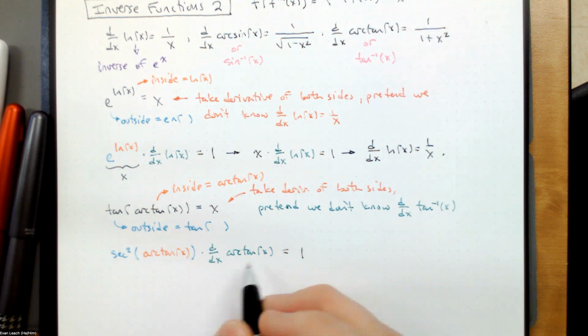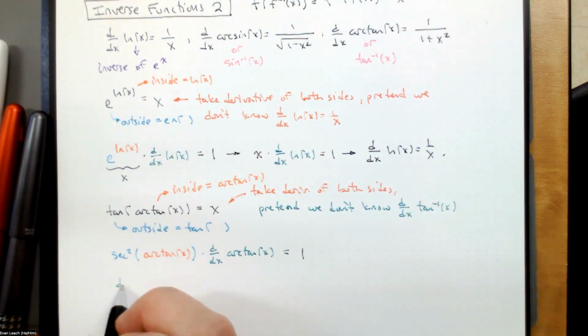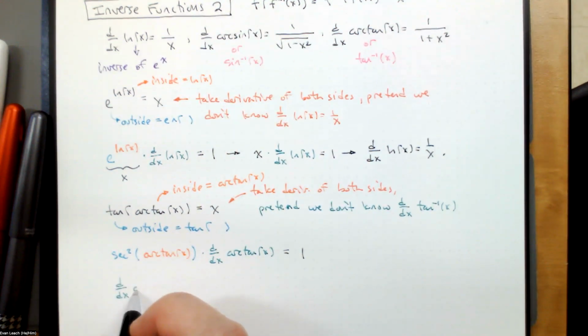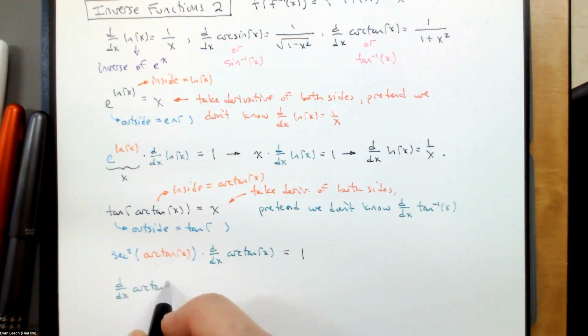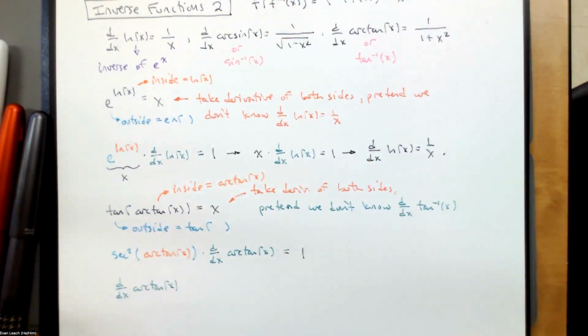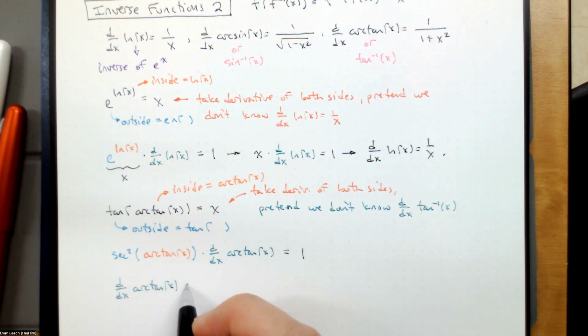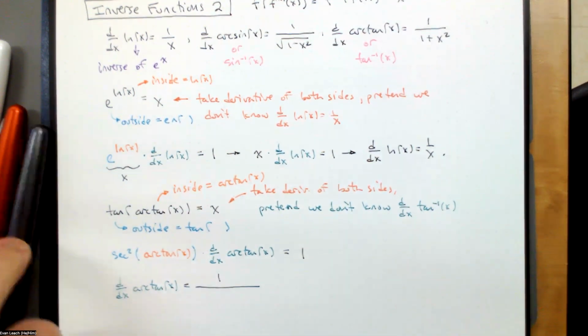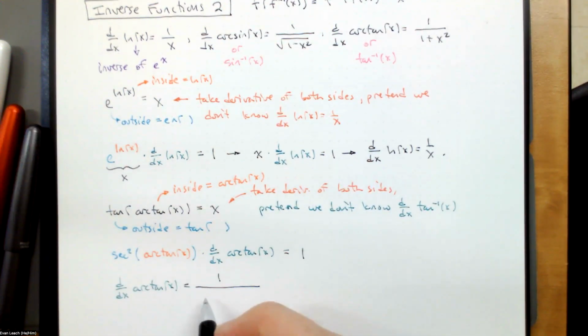Pretending that we don't know the derivative of arctangent, we can write the derivative of arctangent is 1 over secant squared of arctangent.